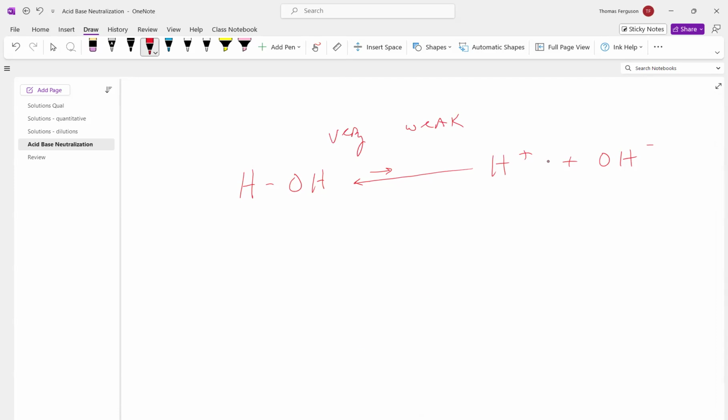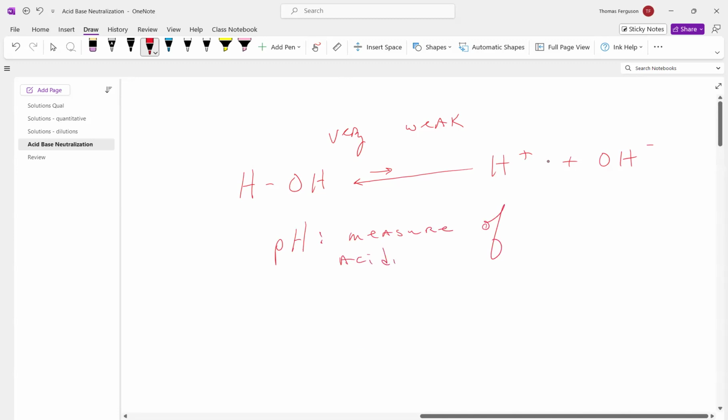Now, there's a way to measure acidity and alkalinity or basicity. That's something called pH. So pH is a measure of acidity.